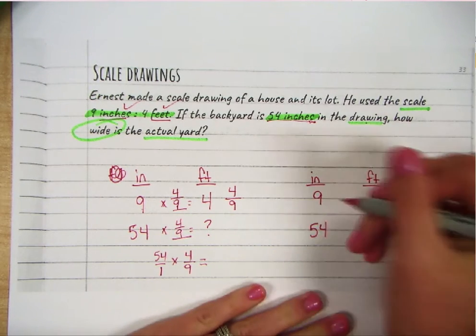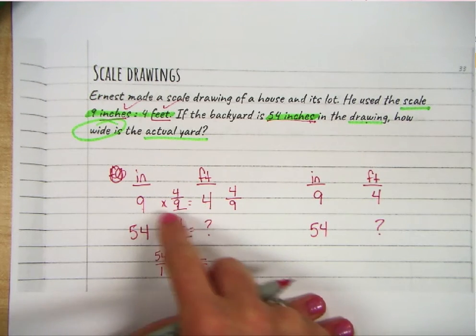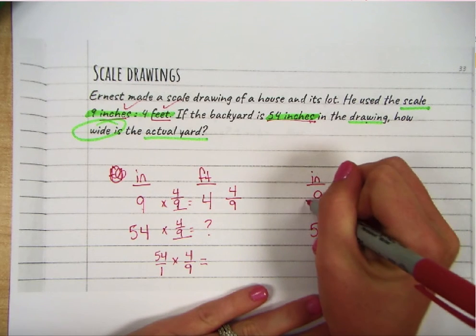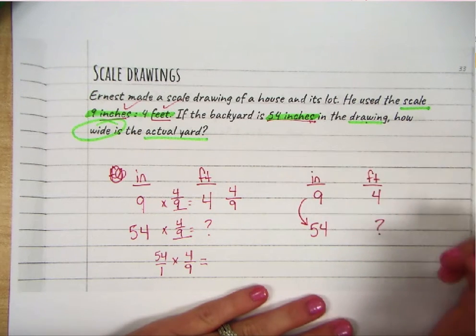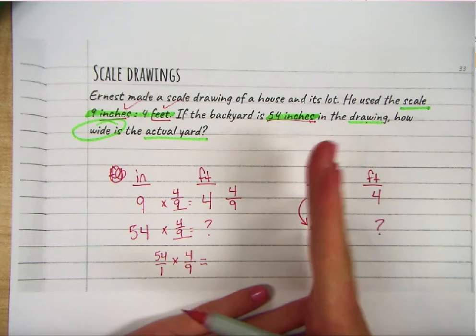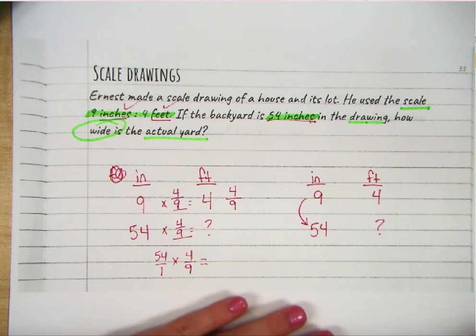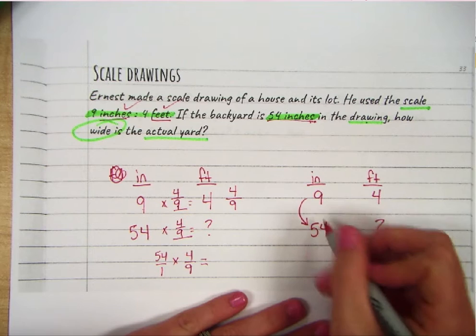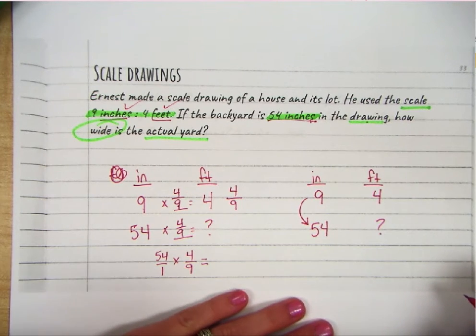So that means, similar to the scale factor here, instead of that, I'm going to change from 9 to 54. So I'm going to see what it changes on the same side. What do I do to 9 to get to 54? I could add, but we're talking about multiplying. We're changing the size of things.